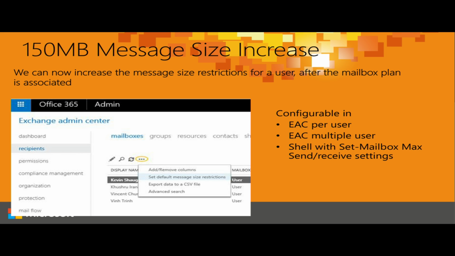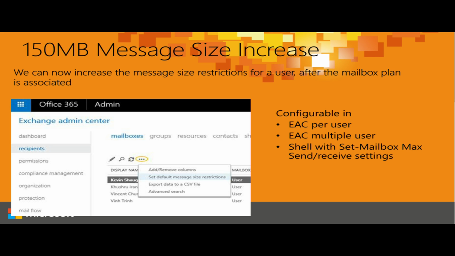But some customers would have larger attachments or multiple attachments, and they can go beyond that limit. You can change that now, and the limit is 150 MB per message. To do that, you could either do it from the Exchange Admin Center, do a control multiple select if you've got multiple users, or just select a user. Or you could use the Set-Mailbox cmdlet if you want to use PowerShell.